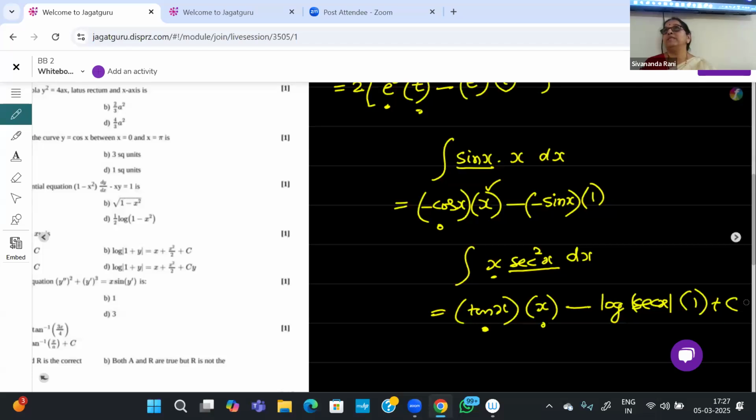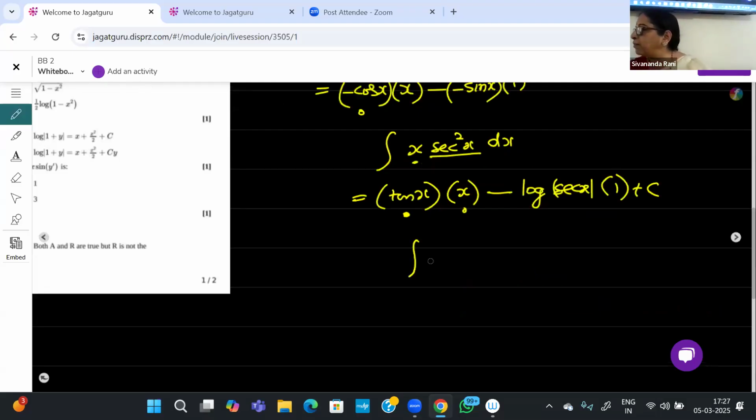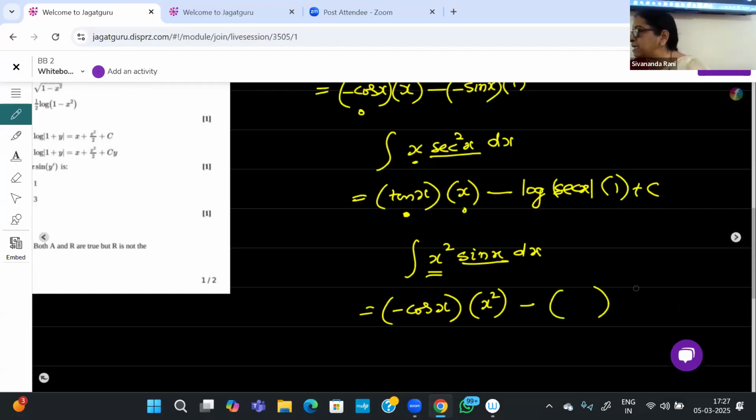See, you can also use it if you've got something like this, integral of x square into sin x. What you need to do, first you put the integral of this, minus cos x, and then put the function as it is, minus, plus, integrate this, minus sin x, differentiate this, 2x.